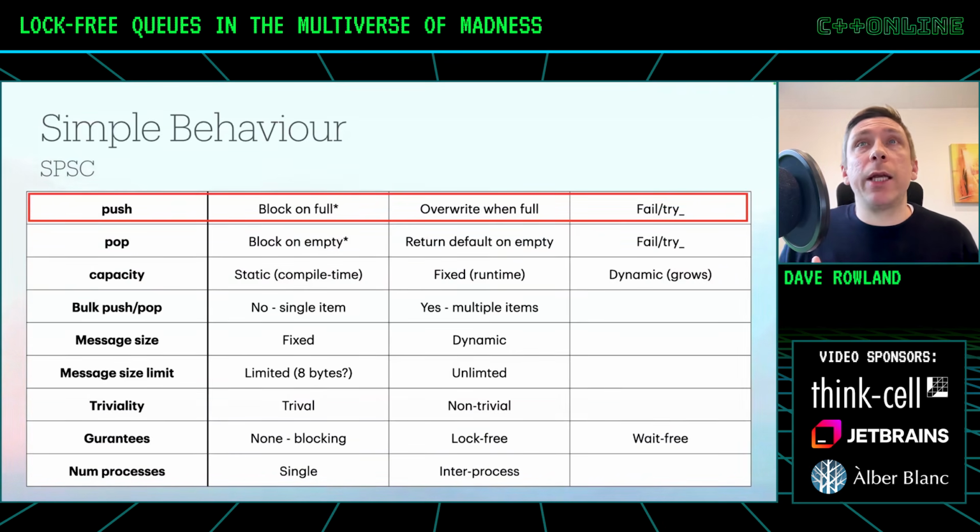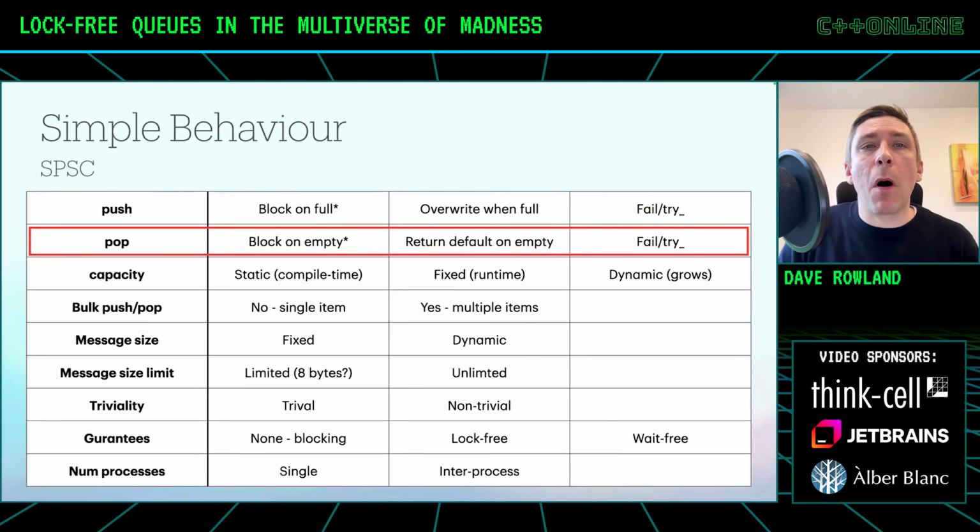You could overwrite when it's full, so just ignore the data that's in there and write some new data. Or you might have failure modes where you try to put some data and then report back if that wasn't successful. And the same on pop: you might just block if there's no data available, or return a default value, or fail.